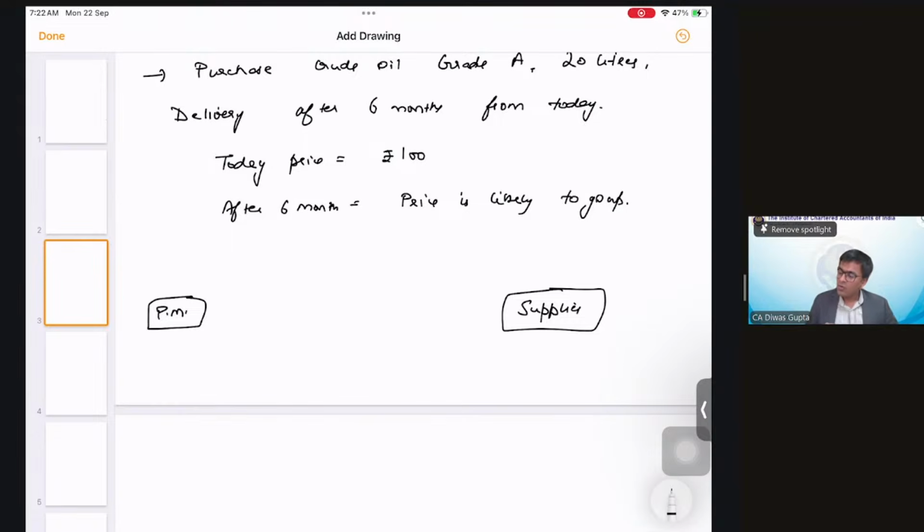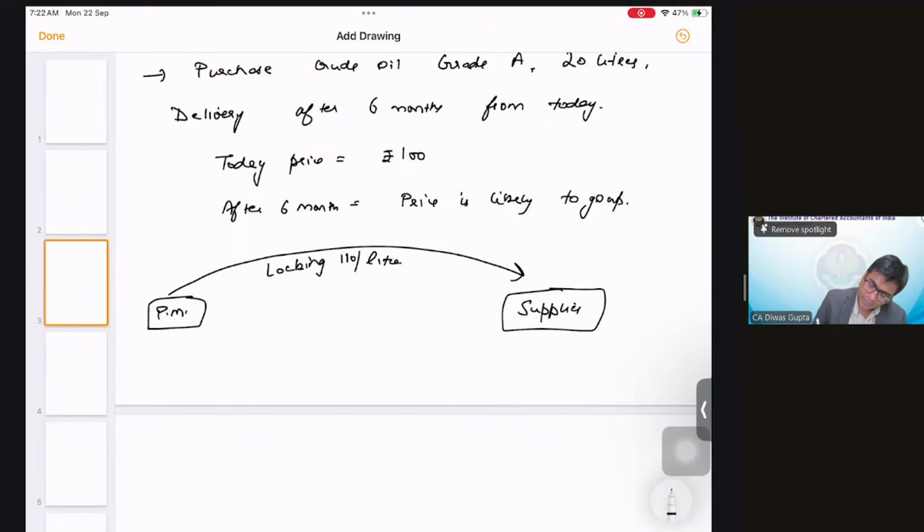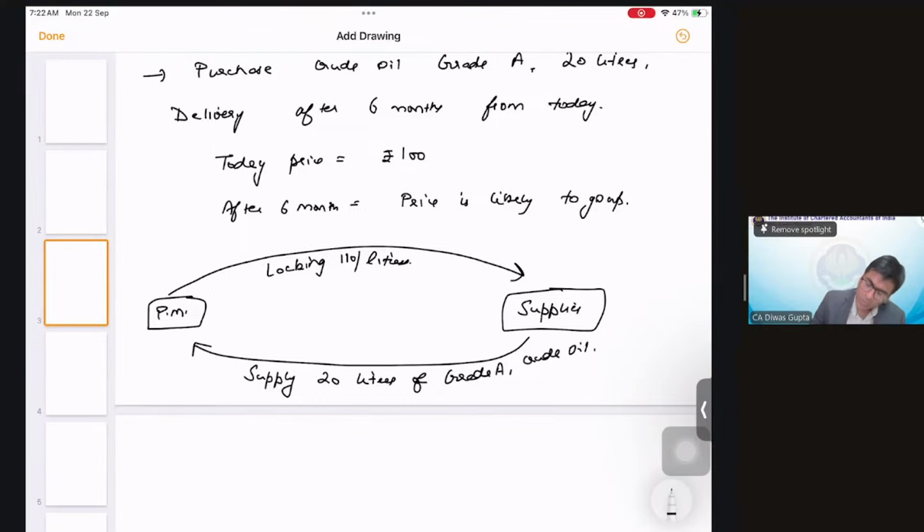So what the procurement manager says is that they are locking 110 per liter as the price, and in turn the supplier will supply 20 liters of grade A crude oil.